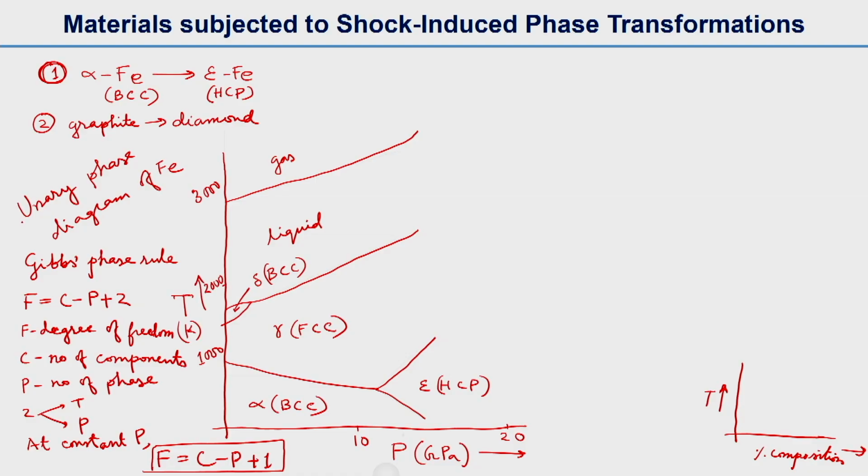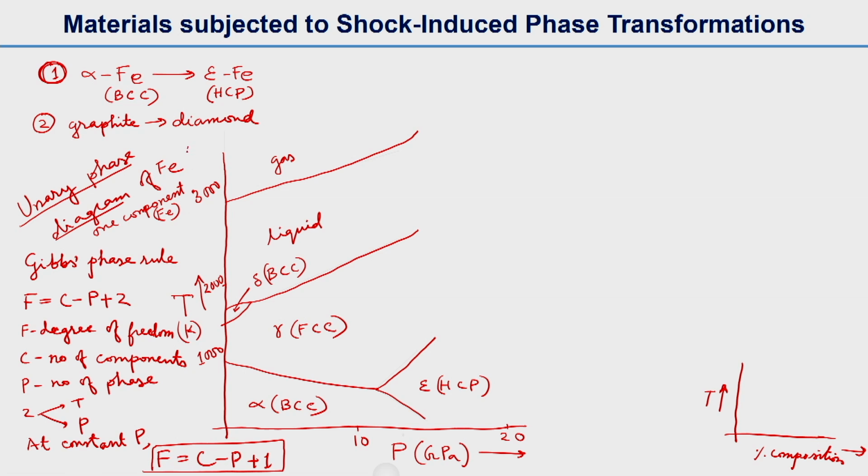So you should understand the difference between components and phases. In this diagram we are calling it a unary phase diagram because it has only one component. What is the component? The component is iron.